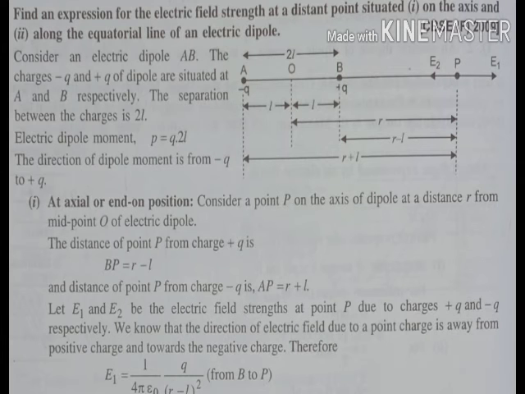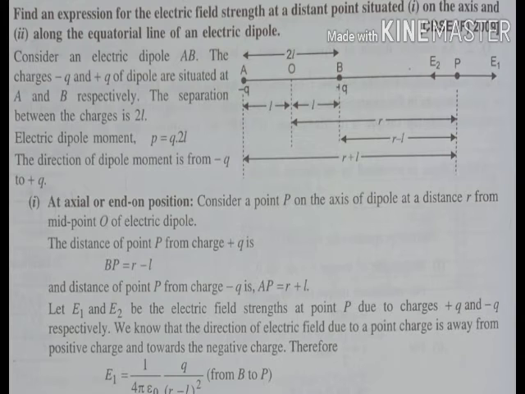Now find an expression for the electric field strength at a distant point situated first on the axis and second along the equatorial line of an electric dipole. Consider an electric dipole AB.